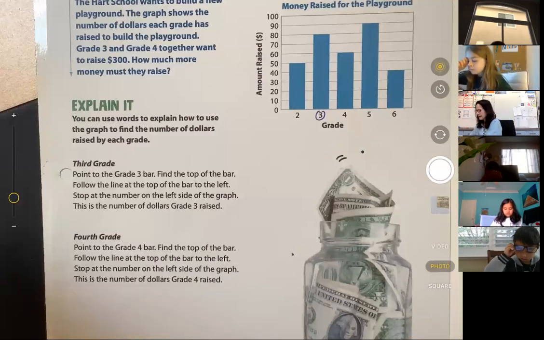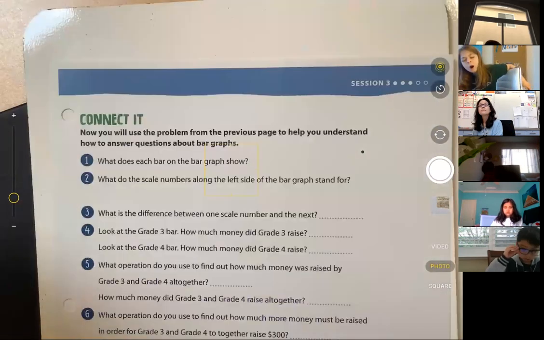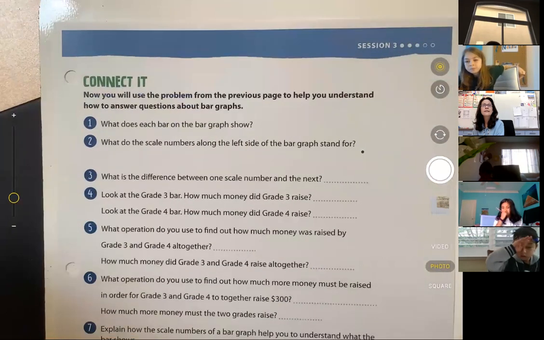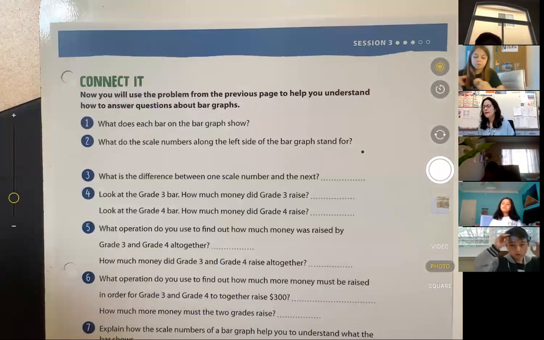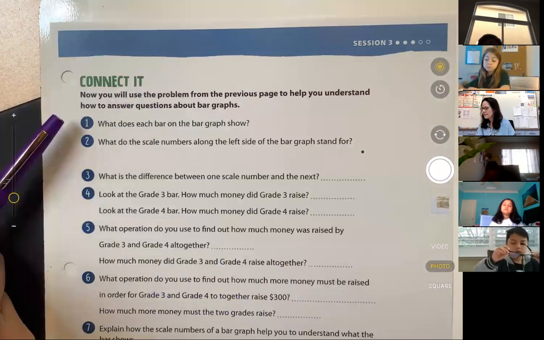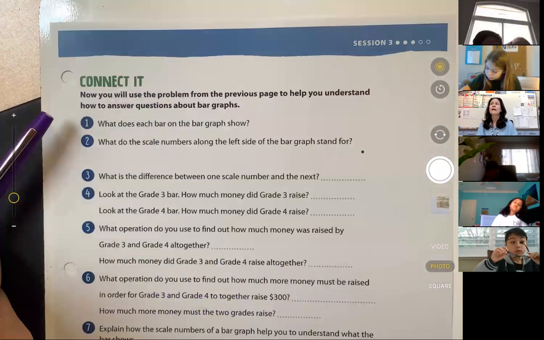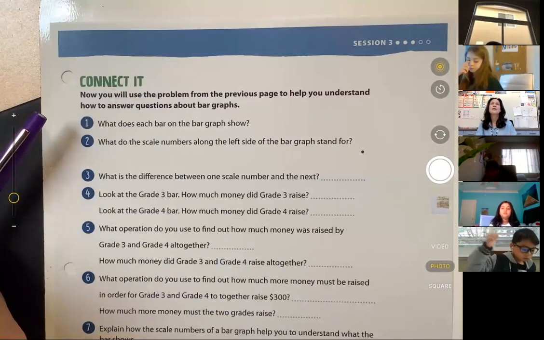Now, let us look at page 427. Up at the top where it says that green connected, it says, now you will use the problem from the previous page to help you understand how to answer questions about bar graphs. So friends, is it possible that you will be given a graph and asked to interpret it on an exam?